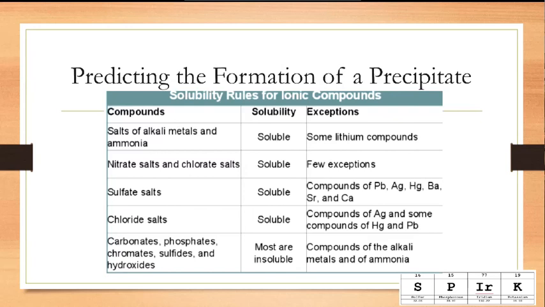Chloride salts are soluble, except for when it is with silver and some compounds of mercury and lead. Carbonates, phosphates, chromates, sulfides, and hydroxides are mostly insoluble, and compounds of the alkali metals and of ammonia are soluble with carbonates, phosphates, chromates, sulfides, and hydroxides.